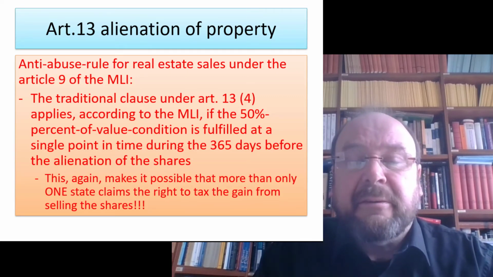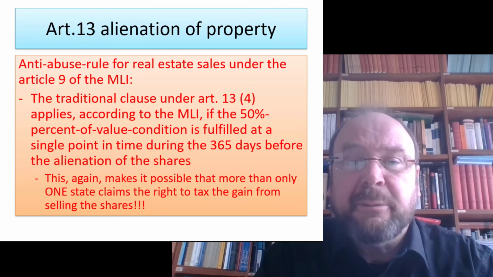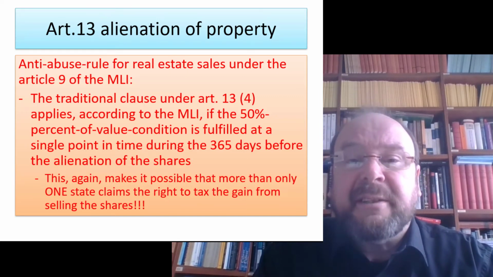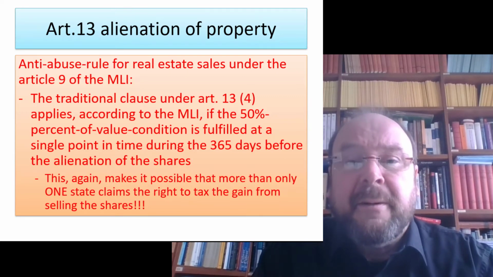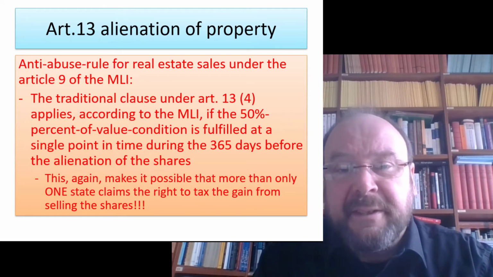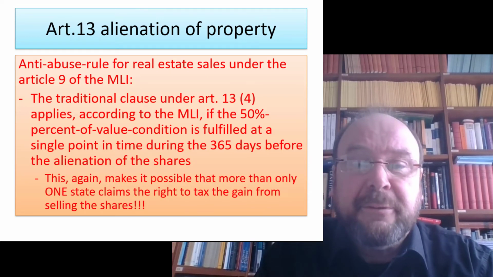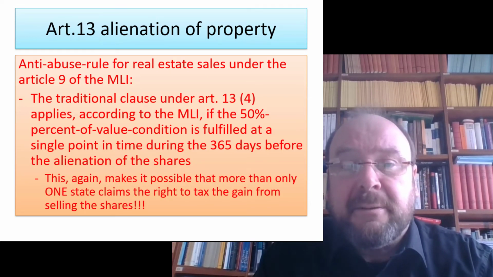Now, naturally, that extension of the period during which you check the 50% threshold makes it possible that in practice, if you have a 3 or 4 state constellation, more than one state claims that 13.4 is applicable.